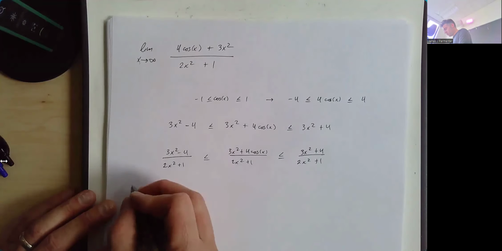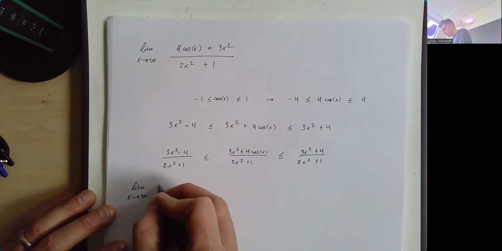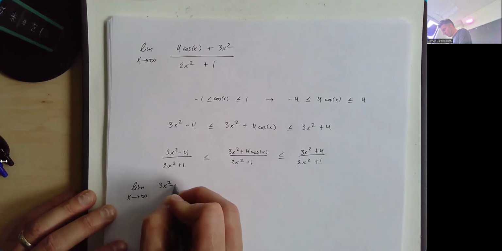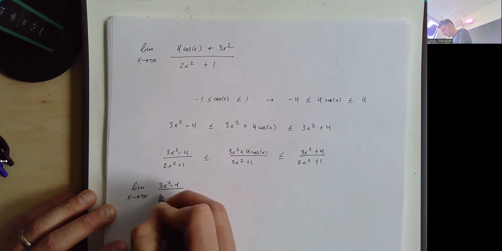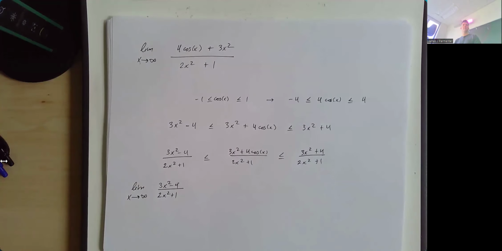So what's the limit as x goes to infinity of (3x squared minus 4) over (2x squared plus 1)? Well, there is a shortcut for this, but I want to show you the longer way.